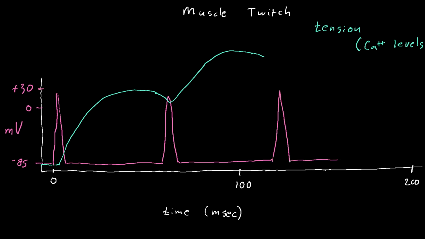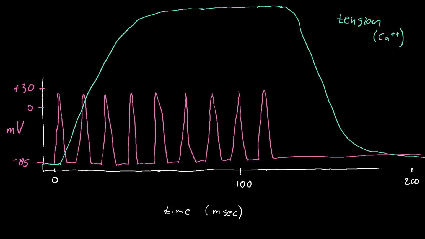As action potentials get closer and closer together, calcium levels in the sarcoplasm rise because calcium is released faster than it can be pumped back into the sarcoplasmic reticulum. At a certain point, calcium levels are high enough that all of the myosin binding sites on actin are exposed, and we'll have cycling of the maximum number of cross bridges without relaxation between twitches.